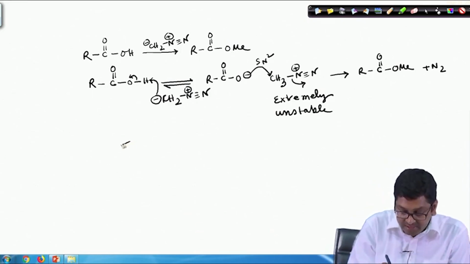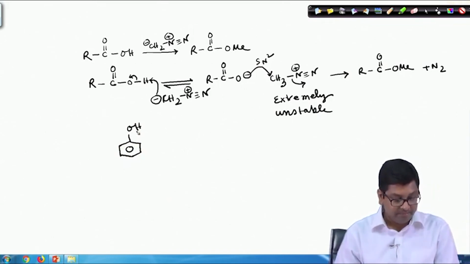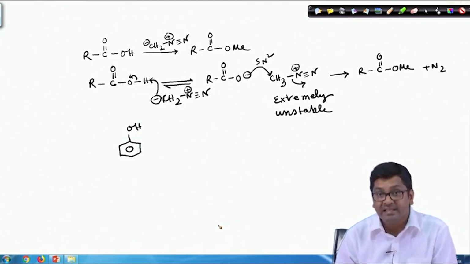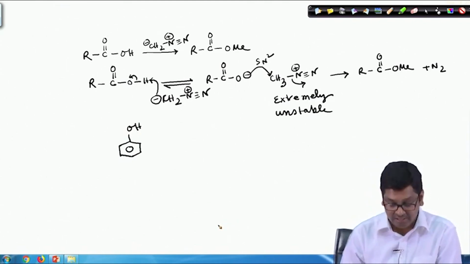Now, if we take, let us say, phenol, will it be possible to make its corresponding methyl ether using this diazomethane?